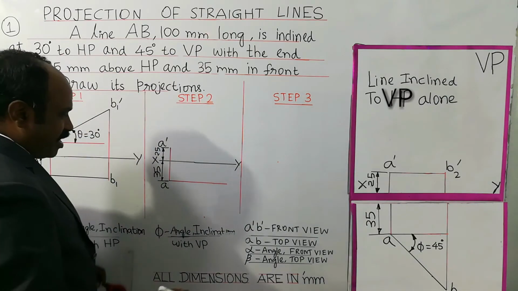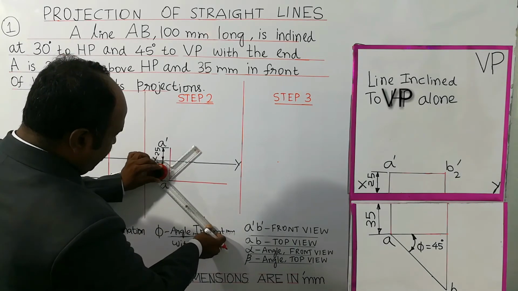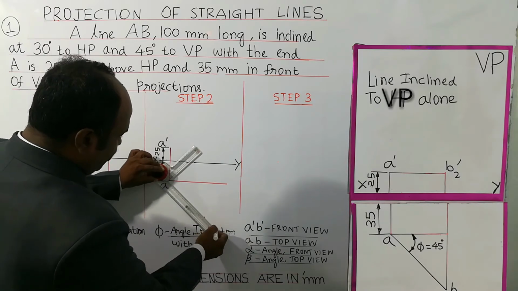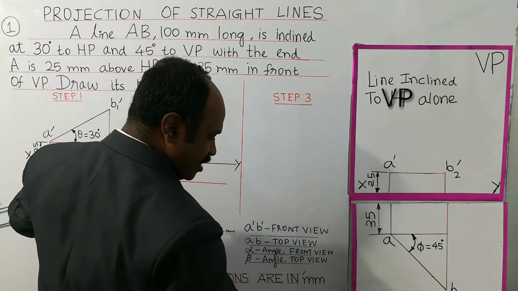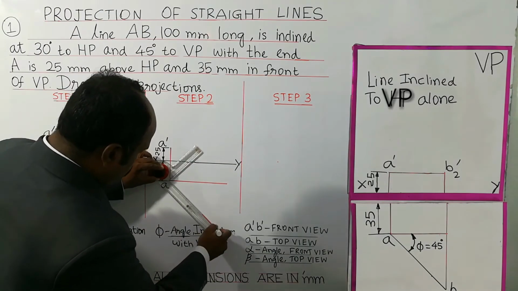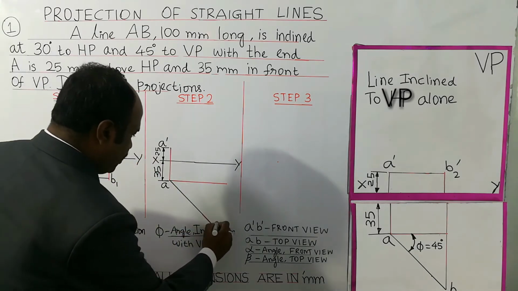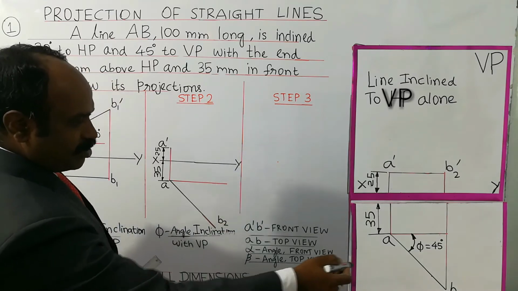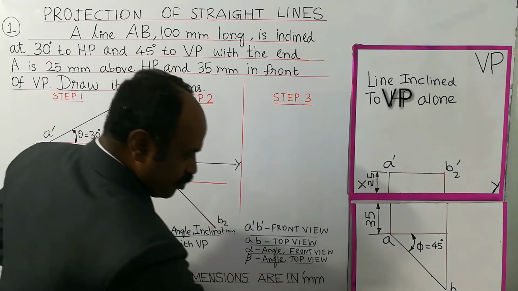Adjust your drafter scale, release the nut of your drafter, join the marked point with the point A, and tighten your drafter scale so that you can locate a point at a distance of 100 mm on this inclined line. It's marked as B2. That is, B2 is the notation given at the end point called B. Use your 2H pencil.